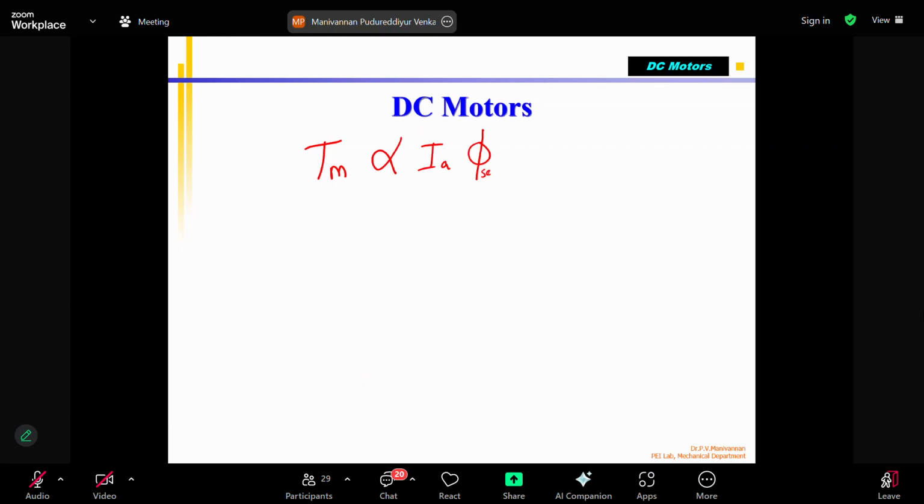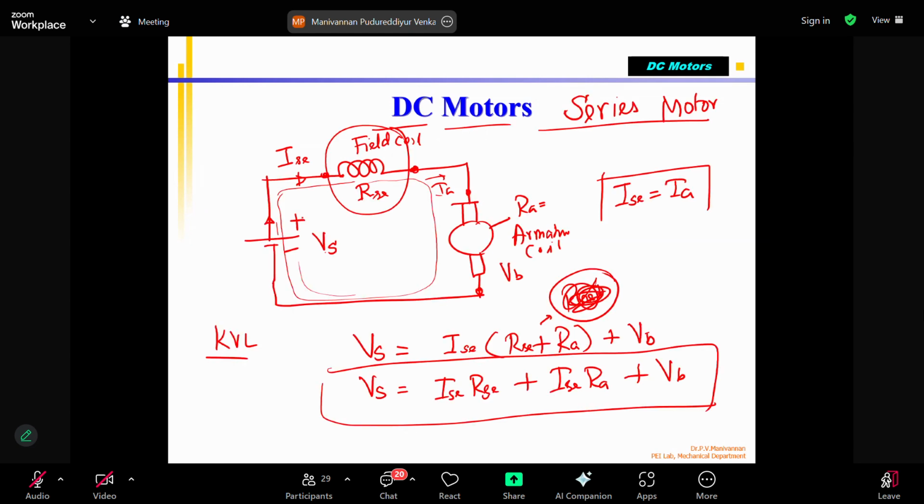Now, as you increase the supply voltage, I can vary the supply voltage 0 to 100 volts. For example, this motor is 0 to 100 volts. Some motors may be 0 to 10, some may be 0 to 1000 volts, whatever it may be. For understanding, 0 to 100, the I series will increase. Correct? We can say that I series equals V supply divided by R series plus RA, and I series equals IA.